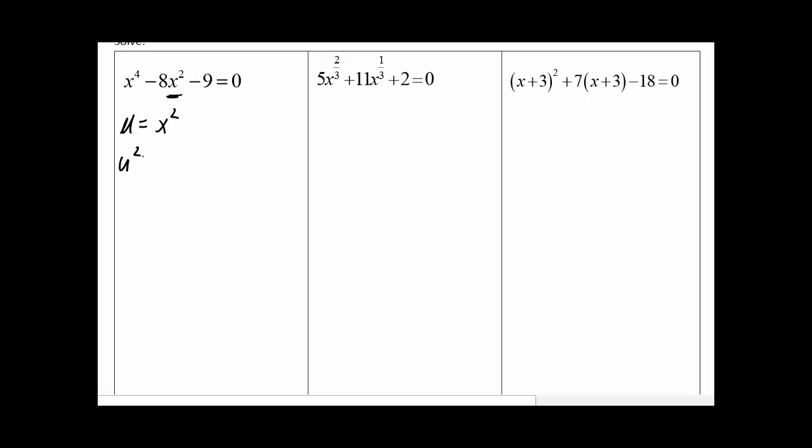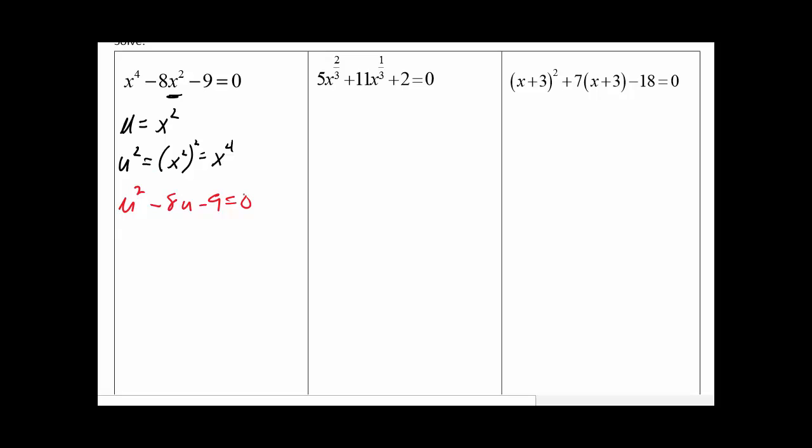And then I want to ask myself, if u is x squared, what would u squared look like? Well, that would be x squared squared, and using our exponent rules, that's x to the 4th. Okay, so what is that in terms of the original equation? Well, that x to the 4th now becomes u squared, so we have u squared minus 8u minus 9.